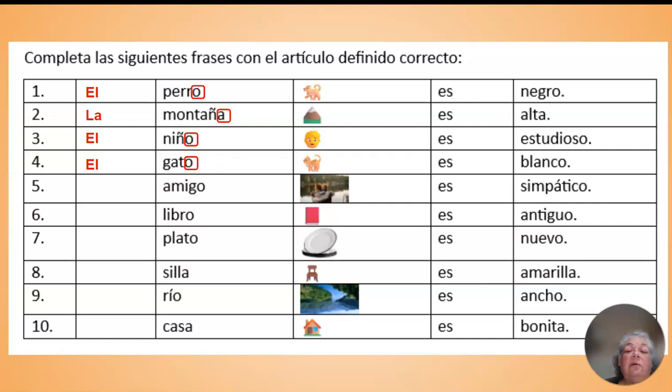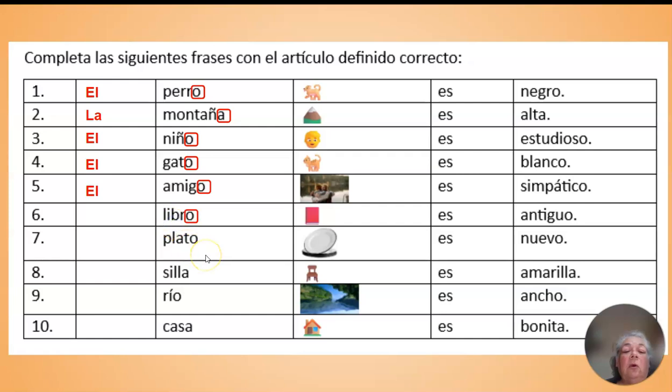El gato es blanco. Número 5, amigo. It ends in O. So, what kind of noun is this? Masculine or feminine? Exactly, that is masculine. So, we need the masculine definite article, el. El amigo es simpático.